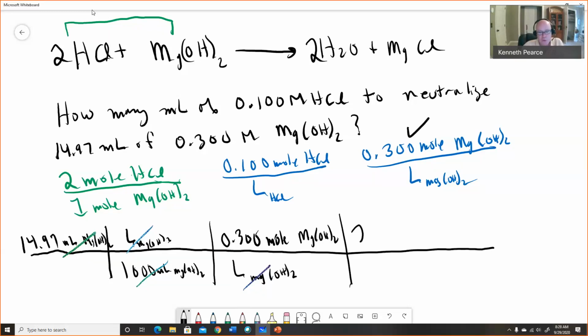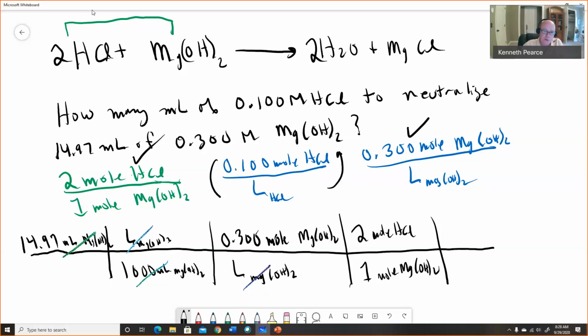And so we have 2 mole HCl, hydrochloric acid, for every 1 mole magnesium hydroxide. And then finally, we use our molarity of the hydrochloric acid to get the liters. We're going to have to flip it over.